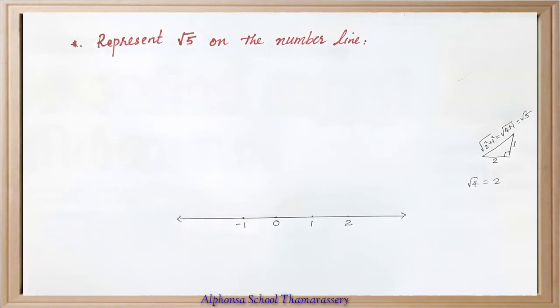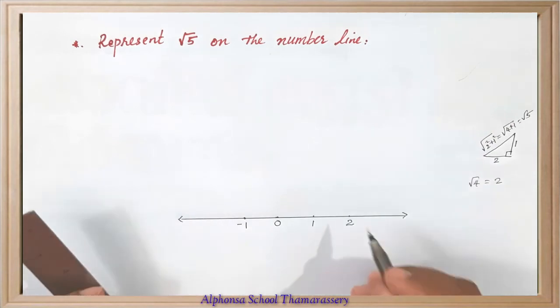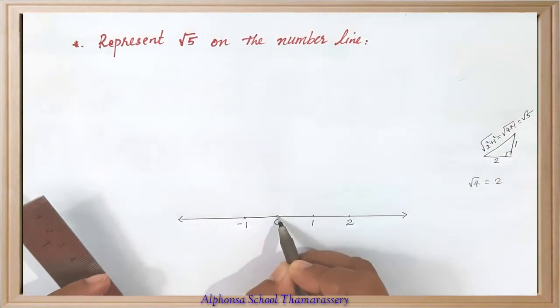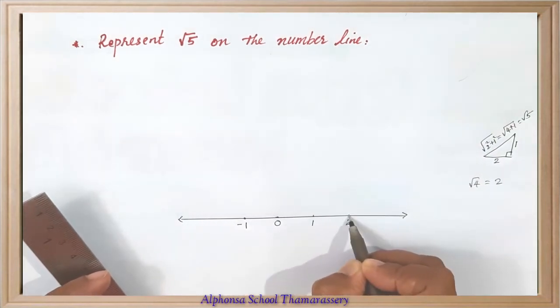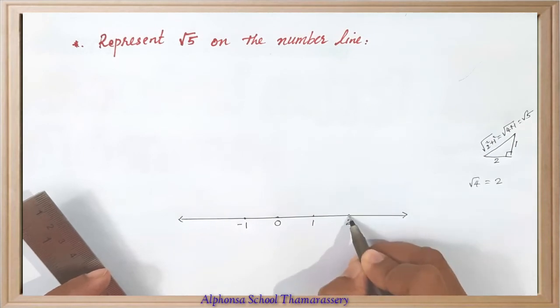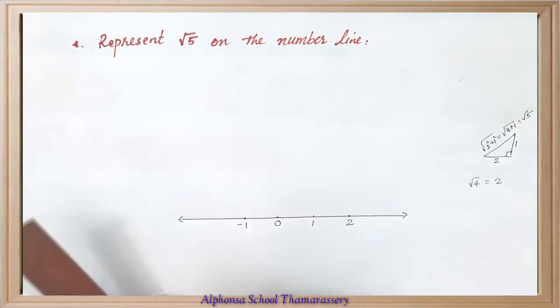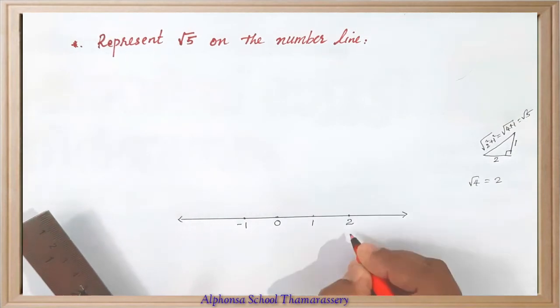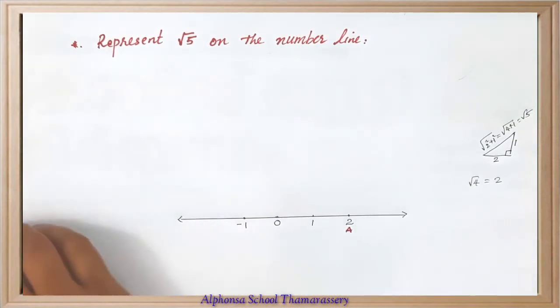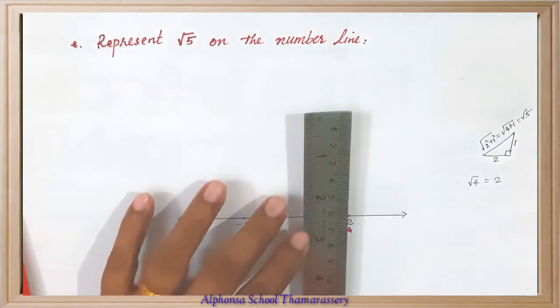So for that, draw a perpendicular line. Take 2 units from the center. Now this is the 2 units. You can mark this point as A. At the point A, you can draw a perpendicular line.